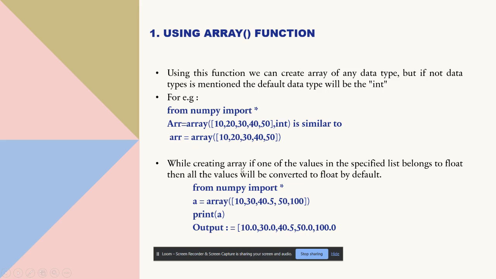If one element is a float, as in this second example, then all are converted to float. Here in the first example no data type is mentioned, so by default it is integer. But if you define any other data type, all the data is simply converted into it, like float in this example.